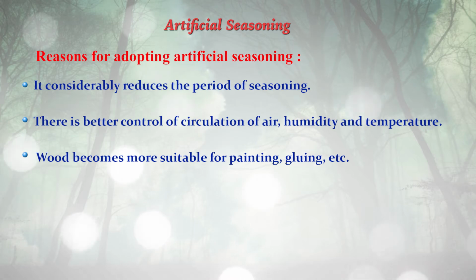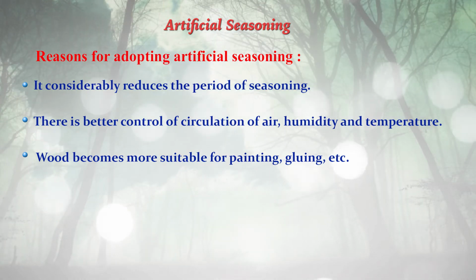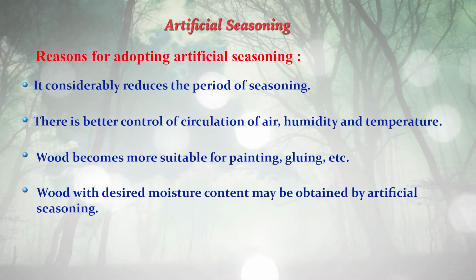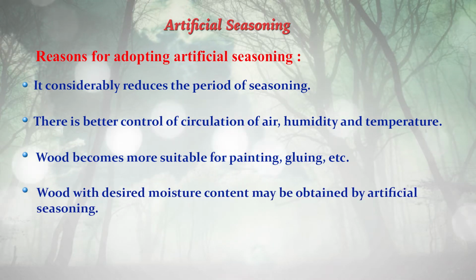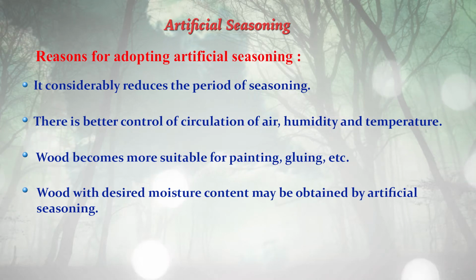Here wood becomes more suitable for painting, gluing and other such operations. Wood with desired moisture content may be obtained by artificial seasoning, whereas in natural seasoning there is a limit to that.